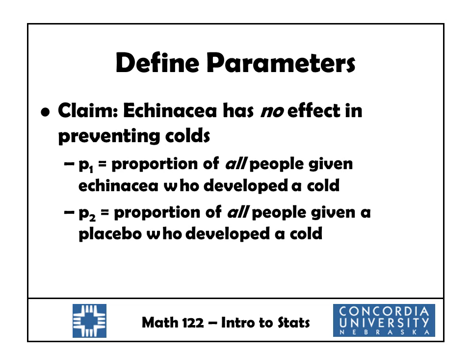And then P2, our second proportion, would be the proportion of all people given a placebo who developed a cold. Again, in both of these we stress the word all because we're making a claim about the population of people given echinacea versus the population of people given a placebo. And we are comparing proportions from those two populations, P1 and P2.